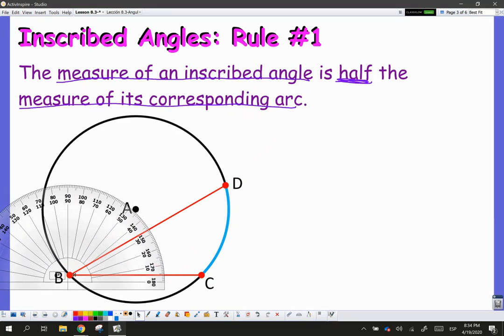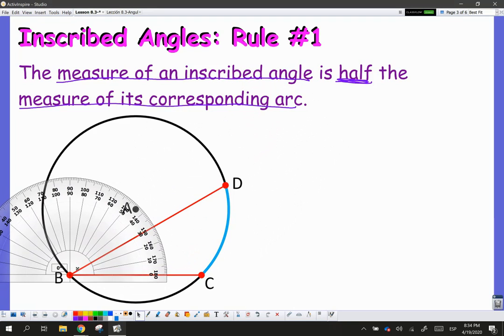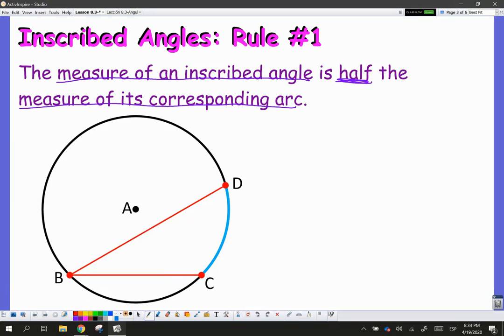So I'm going to take my protractor here, and I want to measure this angle. So here is my line here, and I can see that my angle is 30 degrees. So I'm going to write down here that the angle measures 30 degrees. This is angle DBC. Now I want to measure the arc.